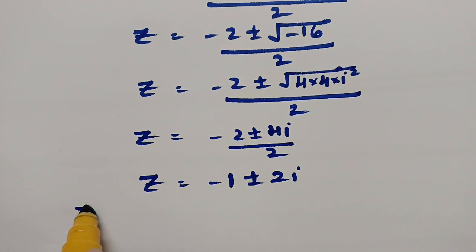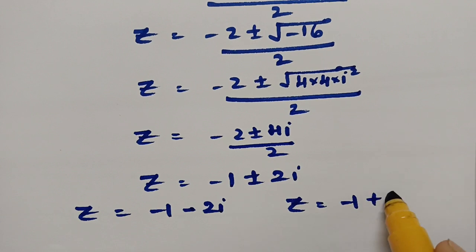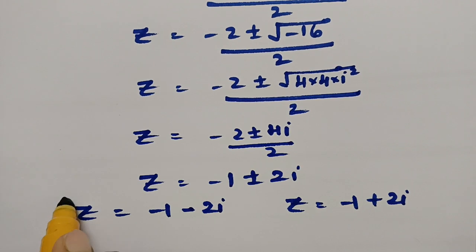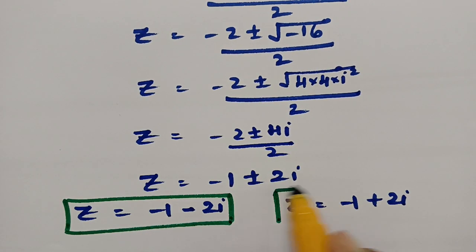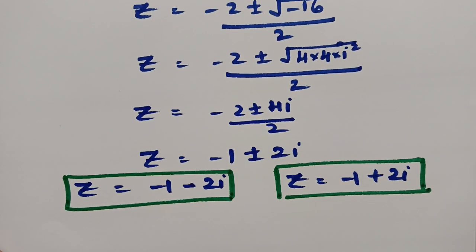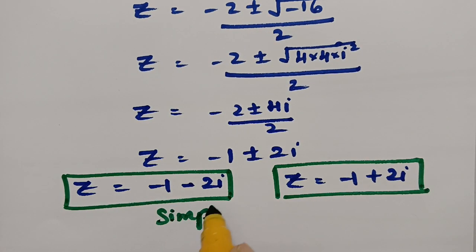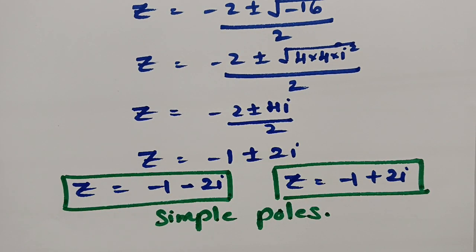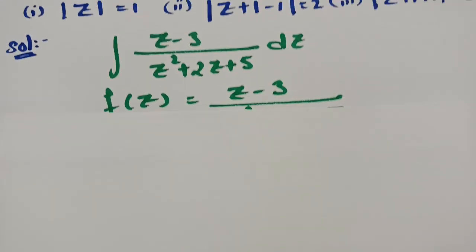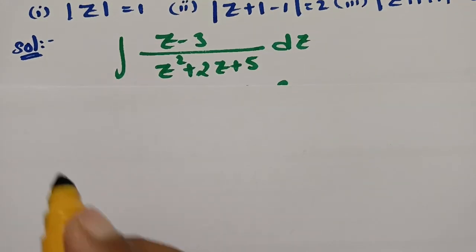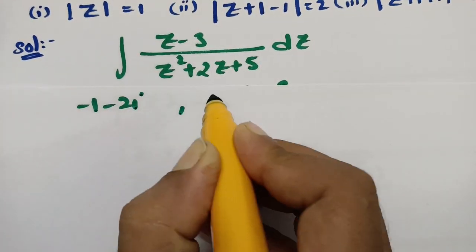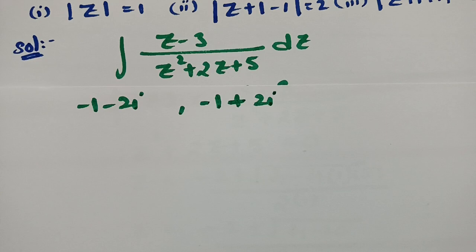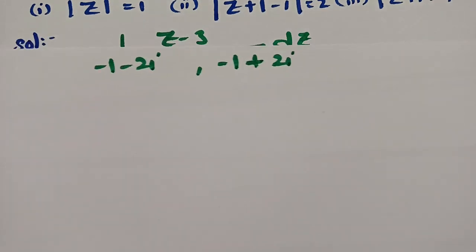So the pole values are minus 1 minus 2i and minus 1 plus 2i. So z equals minus 1 minus 2i and z equals minus 1 plus 2i are the simple poles. Now our denominator can be written as (z minus (minus 1 minus 2i)) times (z minus (minus 1 plus 2i)).